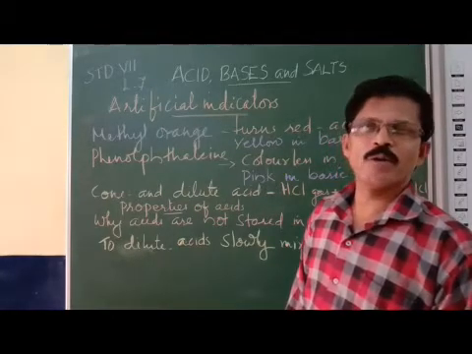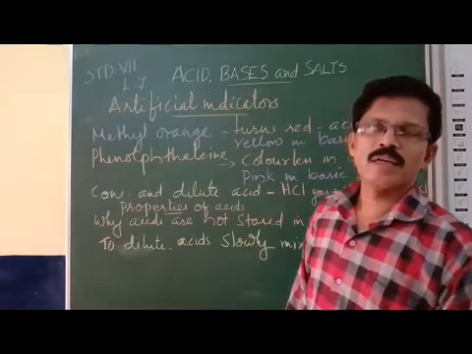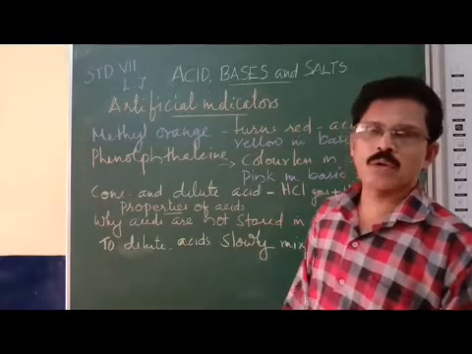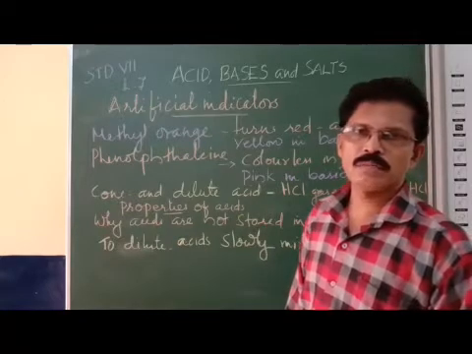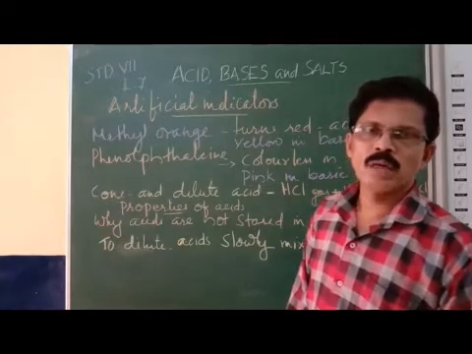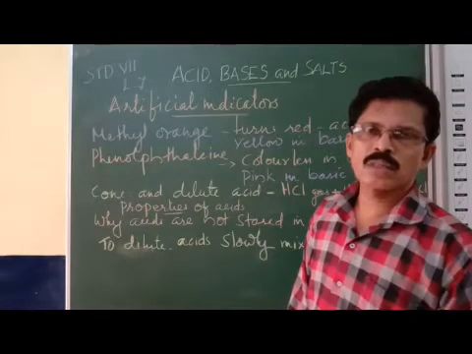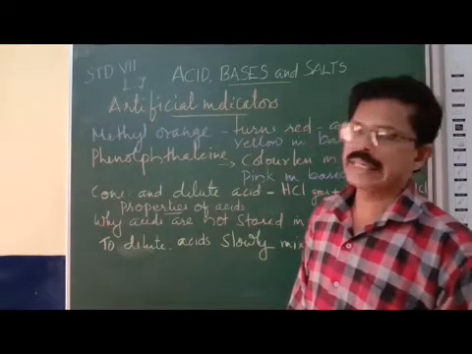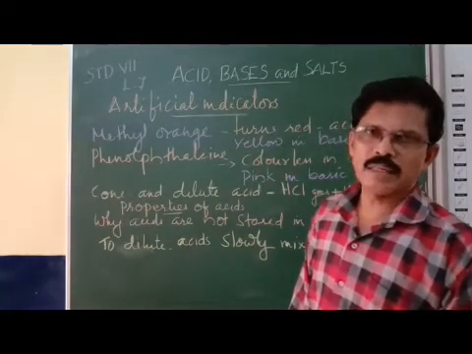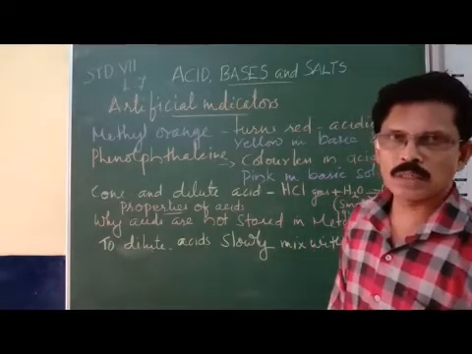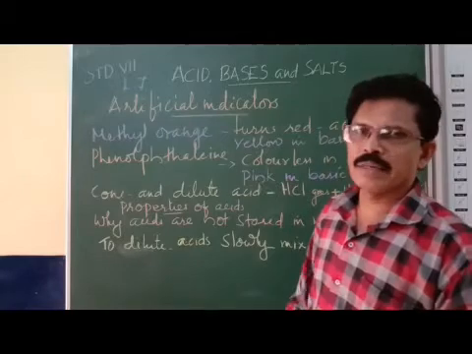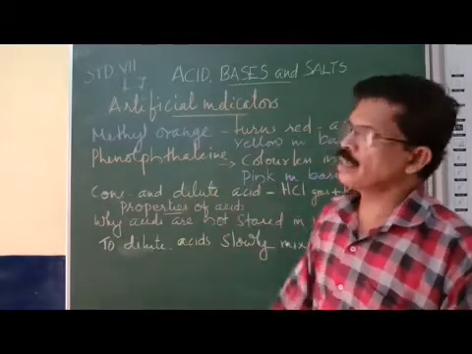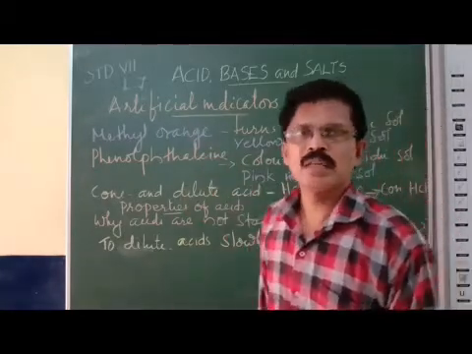The third one is China rose petals, mixed with water to form China rose indicators. So these are the three: litmus paper, turmeric powder, China rose petal indicators. All these are natural indicators, but now we are going to study the artificial indicators.